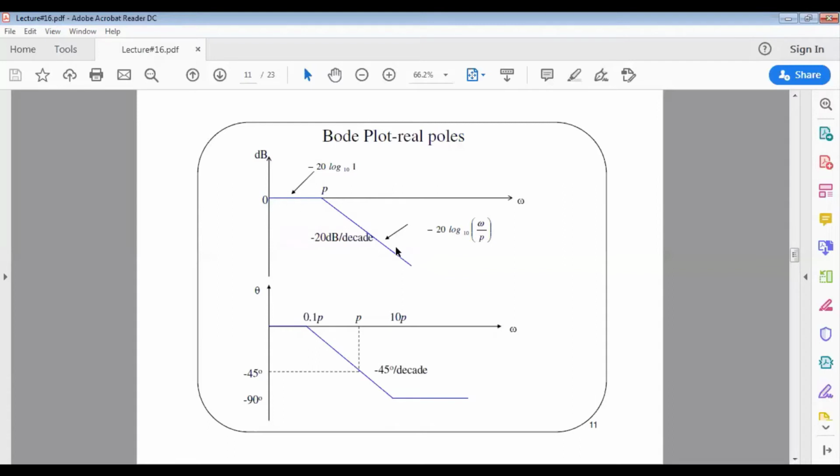So this is a typical plot for the case of a real pole, where the corner frequency is located at the pole value.